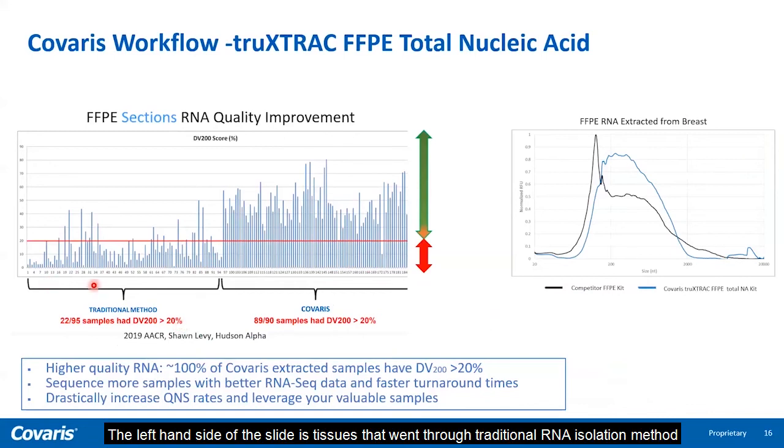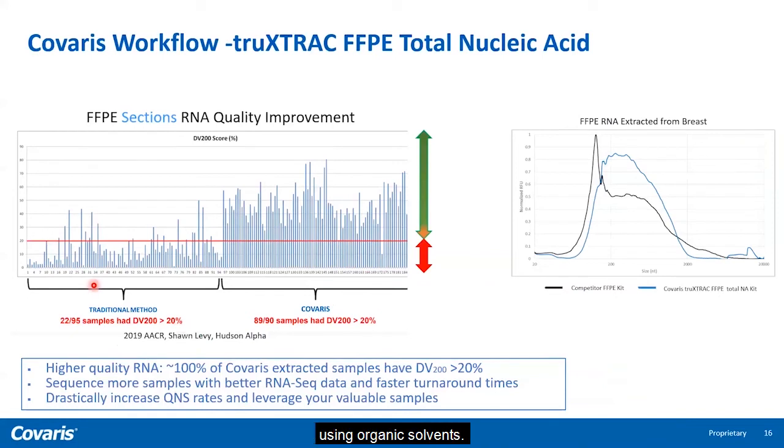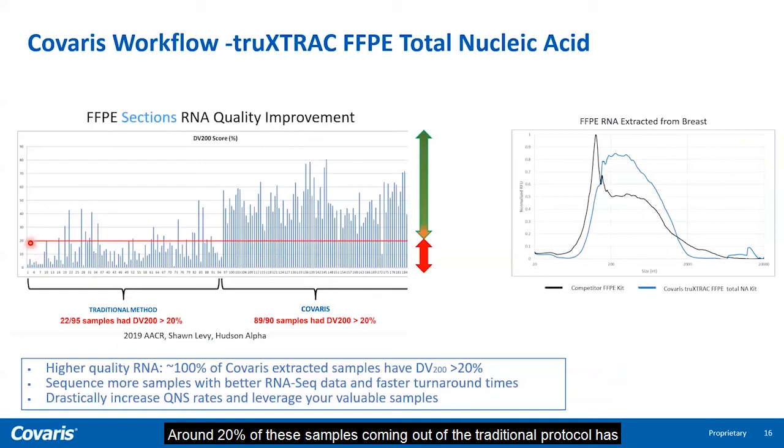The left-hand side of the slide is tissues that went through traditional RNA isolation method using organic solvents. Around 20% of these samples coming out of the traditional protocol has a passing metric of DV200 of greater than 20%.